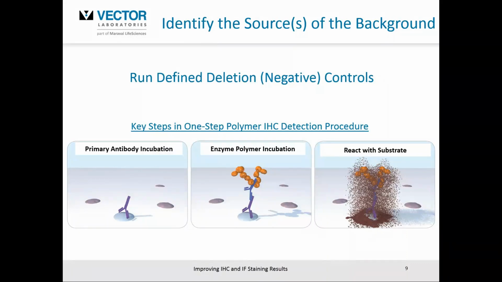And the thing you want to do is to eliminate certain steps of the procedure to help pinpoint the source of the background. So number one, you would omit the primary antibody, you would omit the secondary detection reagent, and simply just apply the enzyme substrate. So this is what we're going to be looking at as the first deletion control.